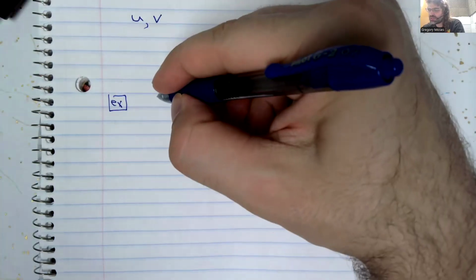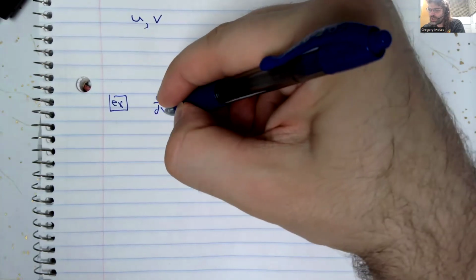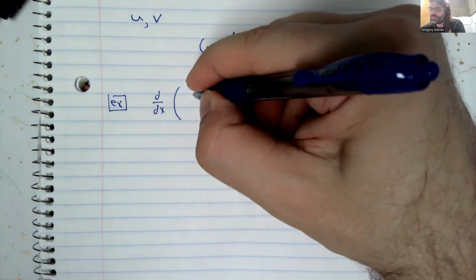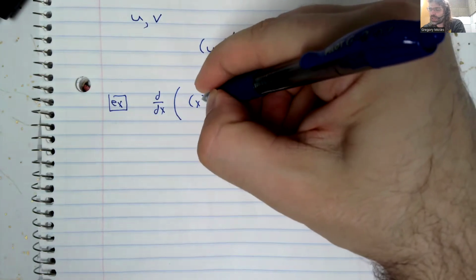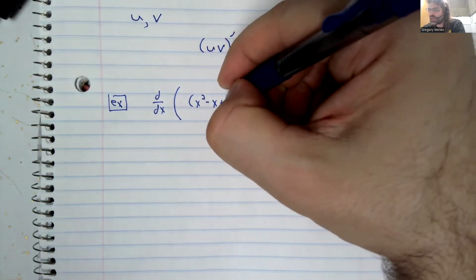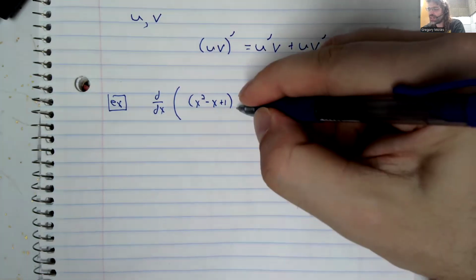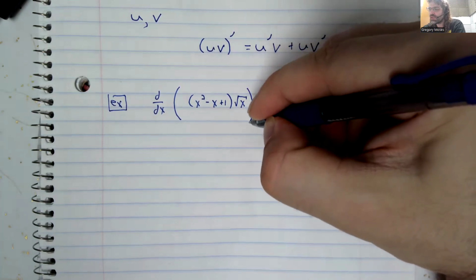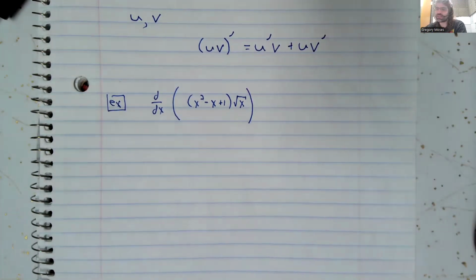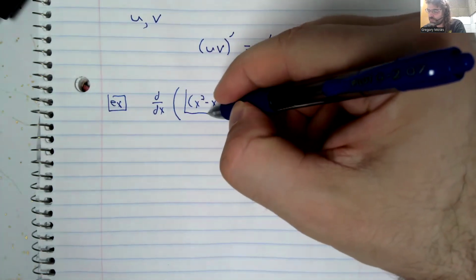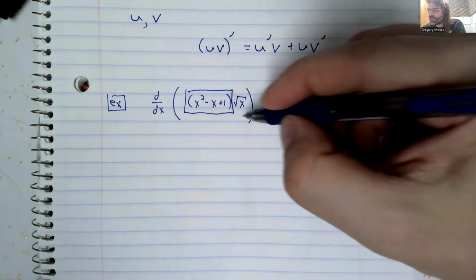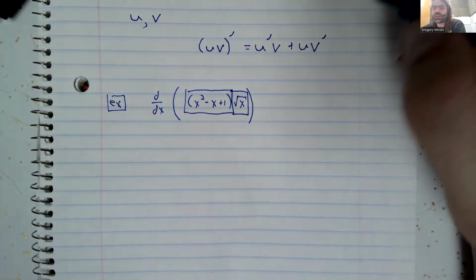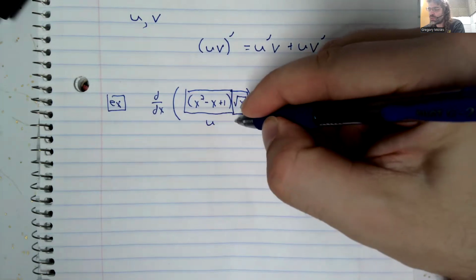So, for example, let's take the derivative of x squared minus x plus 1 times the square root of x. We've got one function, the quadratic, times another function, the square root.